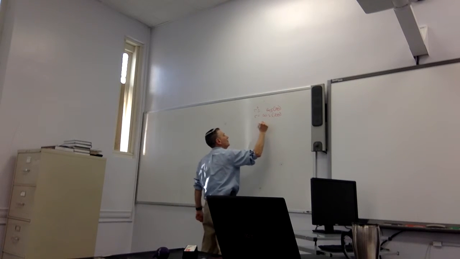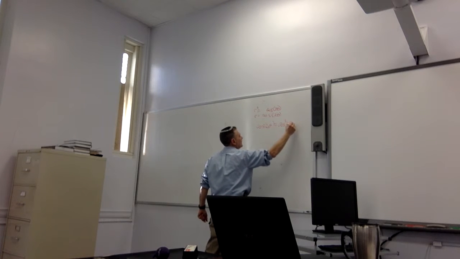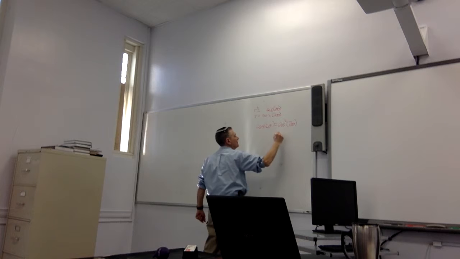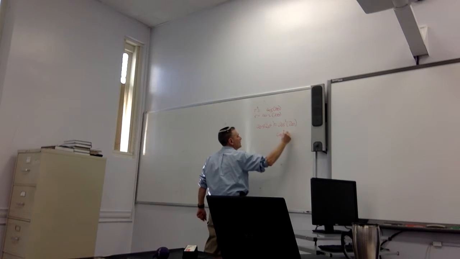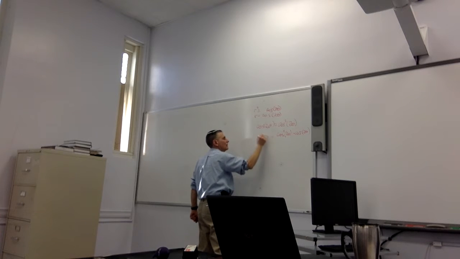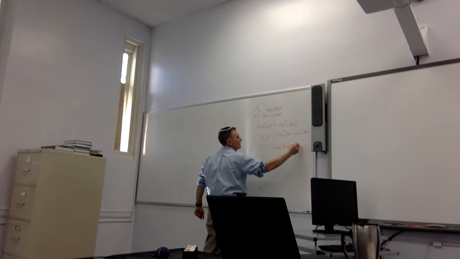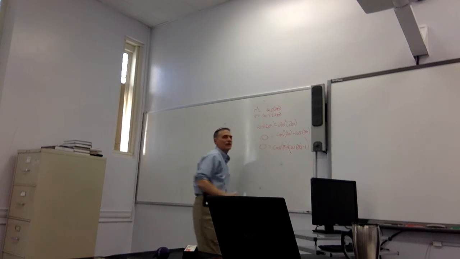So cosine 2 theta should equal cosine squared of 2 theta. Cosine squared of 2 theta minus cosine 2 theta equals 0. Factor out a cosine 2 theta and you get what? Cosine 2 theta minus 1.